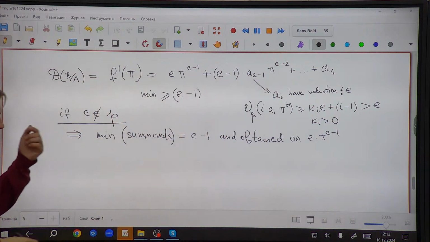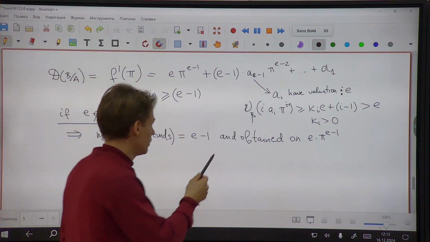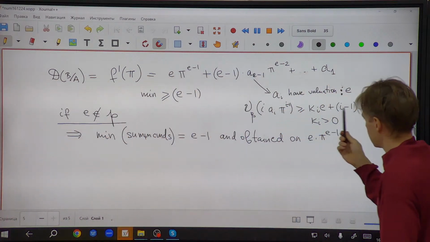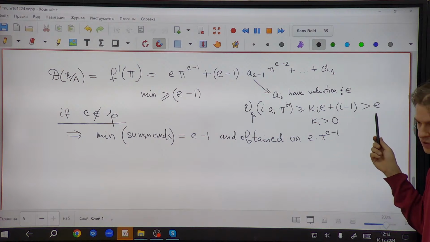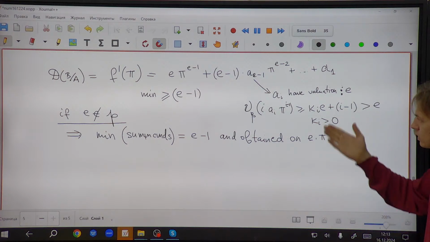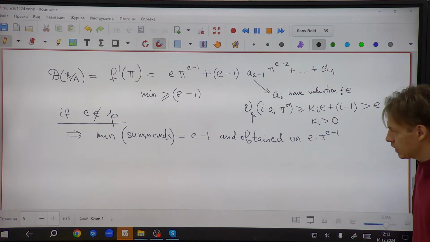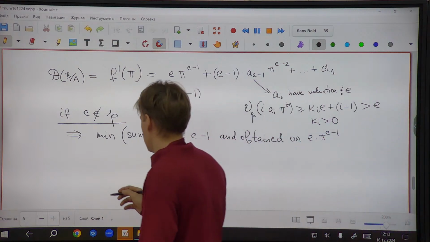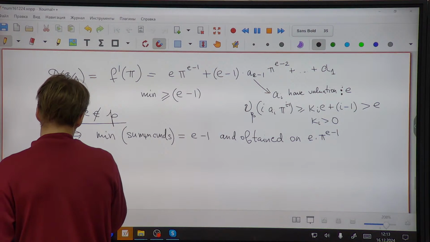Otherwise it is not clear on which. It is obtained on one of the elements because they have pairwise different valuations, but it is not clear on which of them.